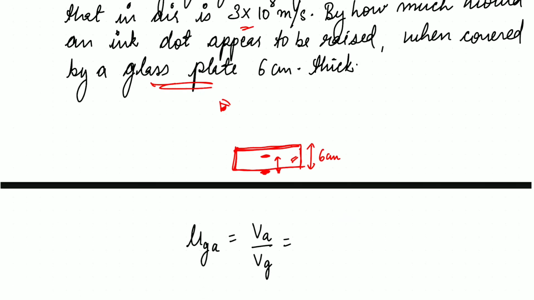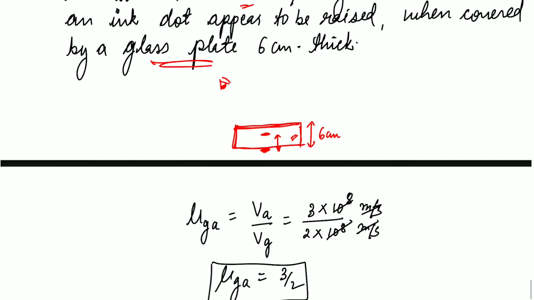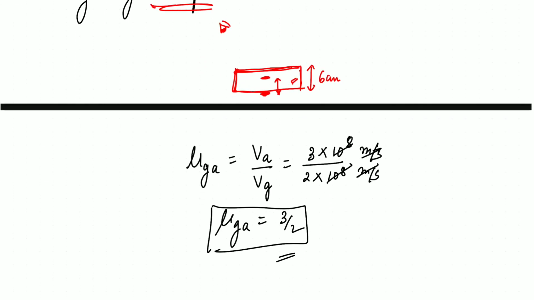So the velocity of light in air is 3 into 10 to the power 8 meter per second, and in glass it is 2 into 10 to the power 8 meter per second. You cancel these things out, so you will get the refractive index of glass with respect to air as 3/2. So this is now given to us, right? Okay, great. Now we have to just very simply find out apparent depth and real depth.